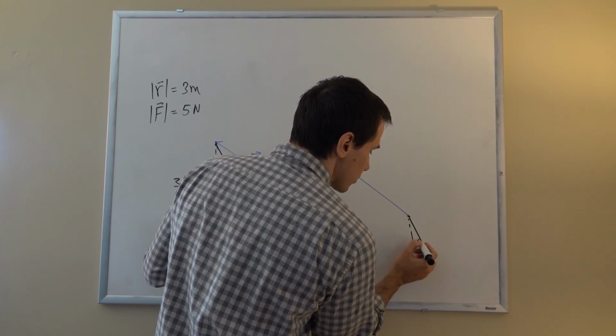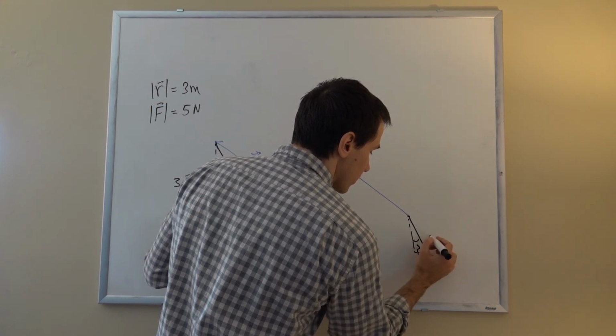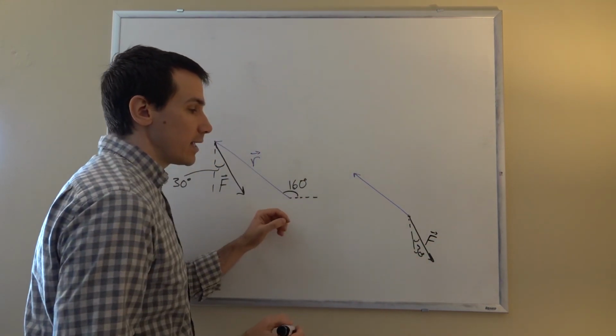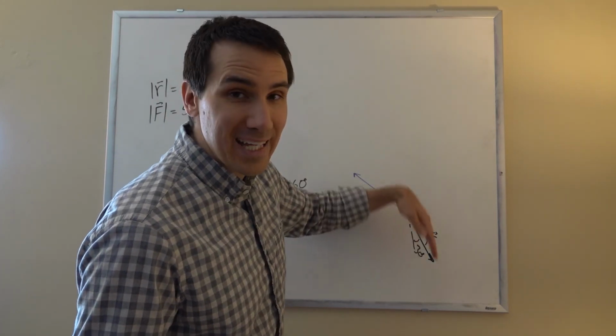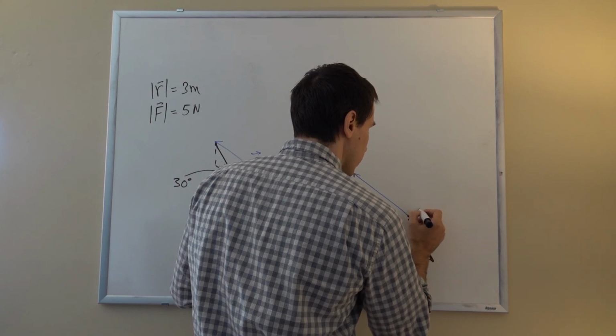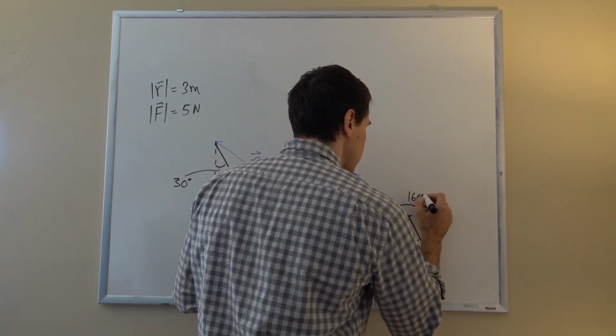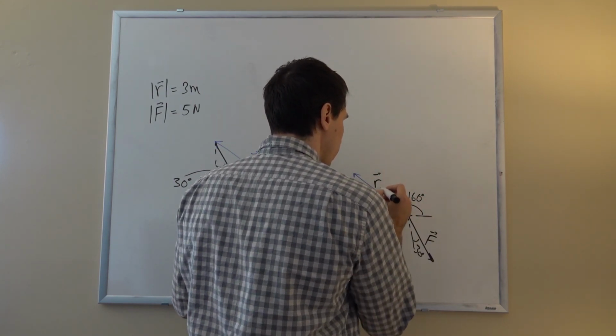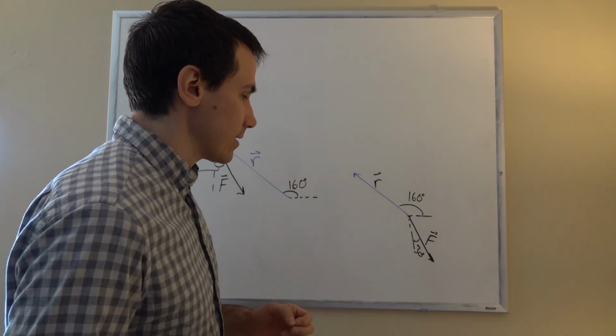And then I'm going to insert any information that I know. So this is my force vector making an angle of 30 degrees with the negative y-axis. And this is my radial vector making an angle of 160 degrees with the positive x-axis.